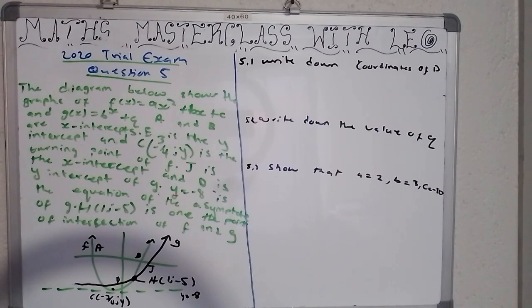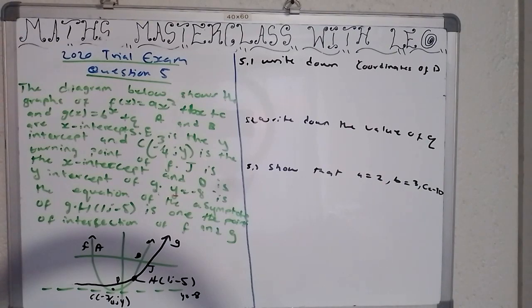J is the x-intercept, and d is the y-intercept of g. Y equals negative 8 is the equation of the asymptote of g. H, 1 comma negative 5, is one of the points of intersection of f and g.